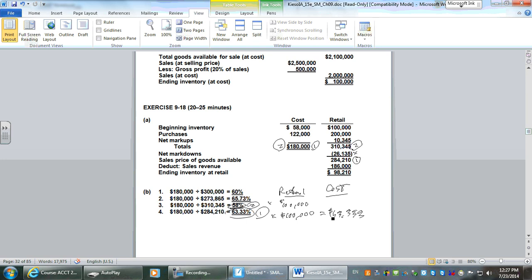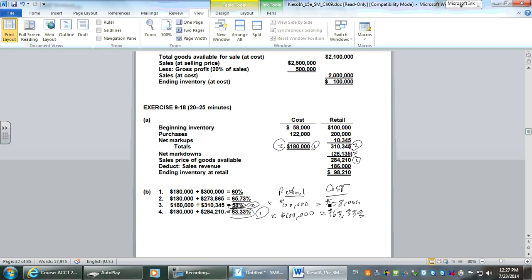And what I do is I take this total cost available less that ending inventory to get my cost of goods sold. What would my ending inventory be if I was using lower cost or market? 58,000. So my ending inventory is less, and cost of goods sold is more.